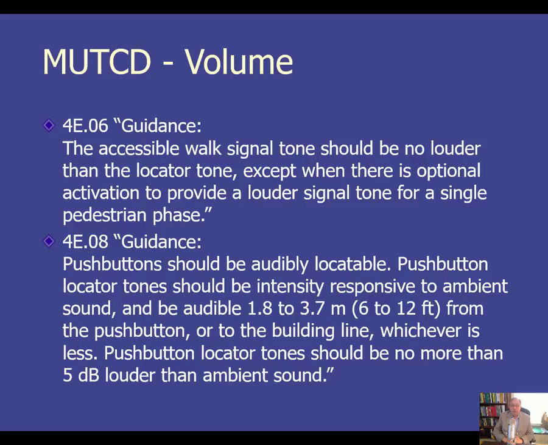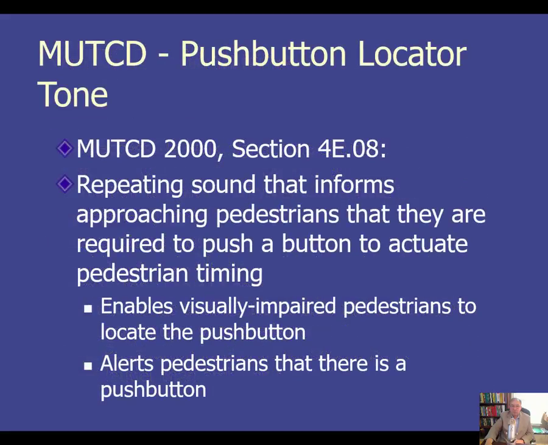Push button locator tone should be intensity responsive to ambient sound and be audible 1.8 to 3.7 meters or 6 to 12 feet from the push button, or to the building line, whichever is less. Push button locator tones should be no more than 5 decibels louder than ambient sound. So we have some pretty strict guidelines in regard to these systems.